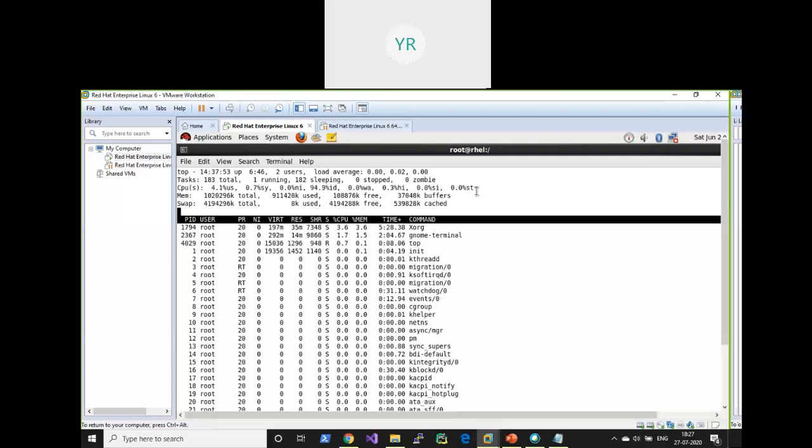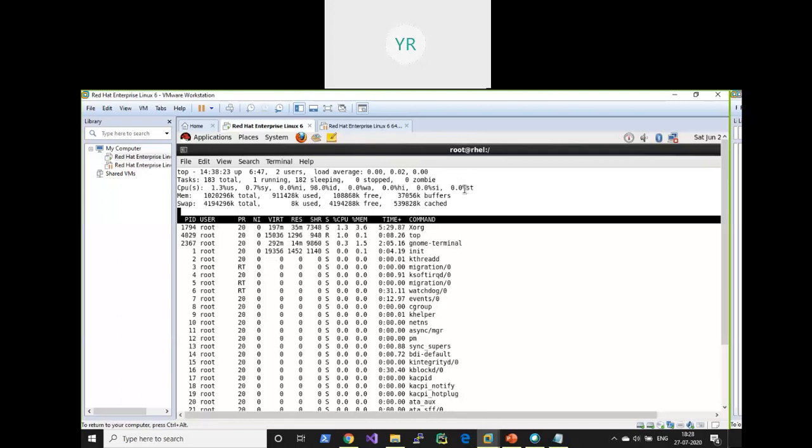Suppose I am working on this VM, and the other VM is also working on some processes. Here this ST will give how much amount of time was spent on other virtual machines. That means how much other virtual machines are stealing the time of CPU, the CPU performance. That is indicated here.